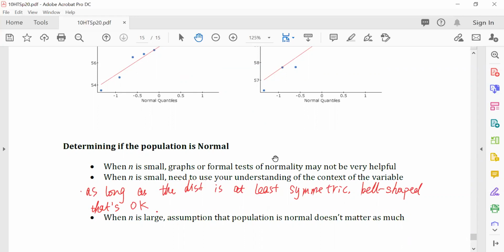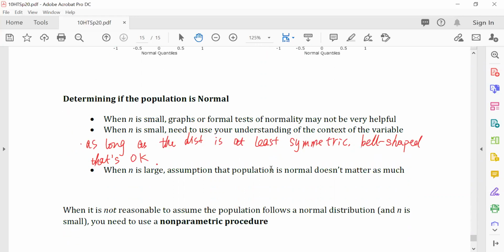And when your sample size n is large, your assumption that the population is normal doesn't really matter as much, because remember the central limit theorem that we have talked about? This holds for sample size n large enough. Usually we use the rule of thumb of n greater than or equal to 30.